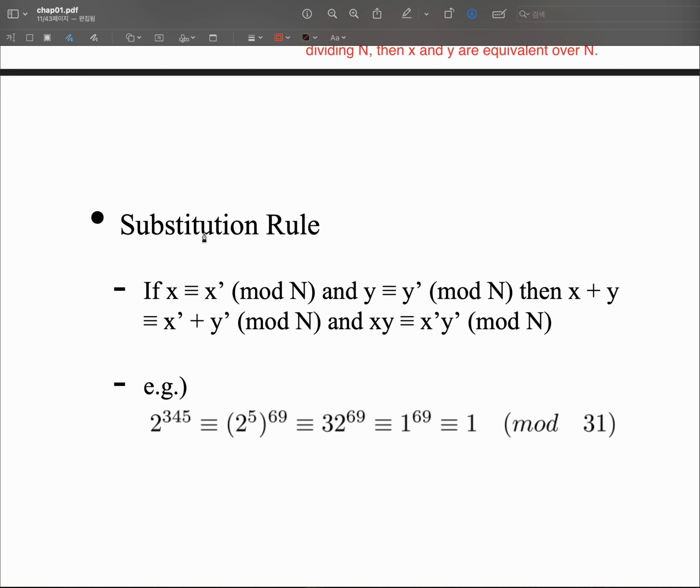This rule can be easily obtained by calculating some very simple examples.